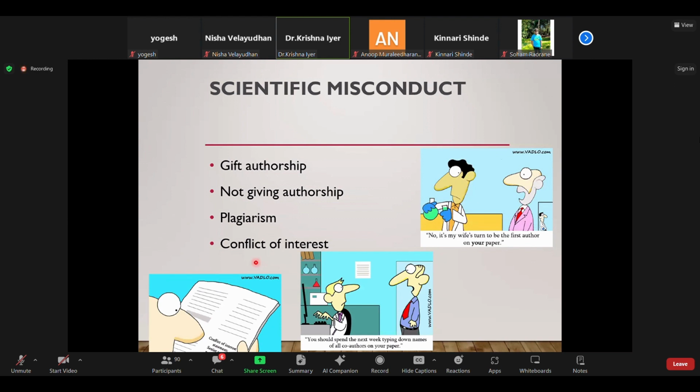In this case, it is very, very important that you or your group do not do what is called gift authorship, that is, put people's names who have not contributed at all to the research work, just so that you can get more publications per individual, or do the other error where you forget to actually include the name of somebody who had contributed to the work you have done.